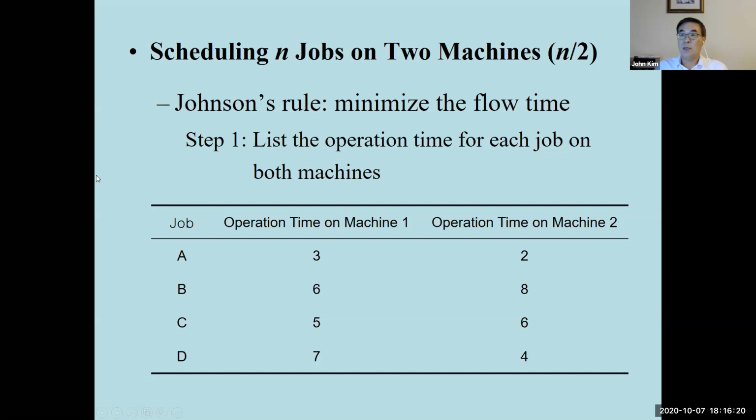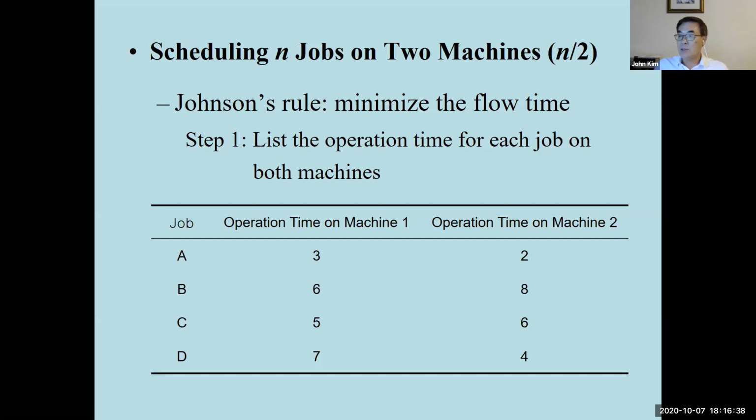And sequencing n jobs on 2 machines. It's like 2 stages, multi-stages. A certain job needs 2 machines.